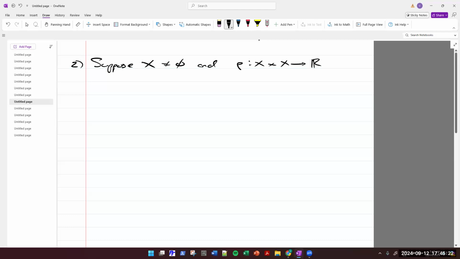So rho goes from X cross X into R and is called a pseudometric if it satisfies the following properties.